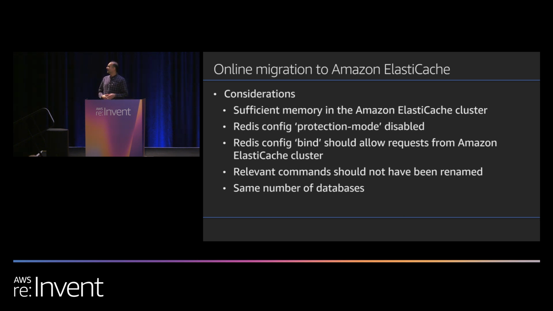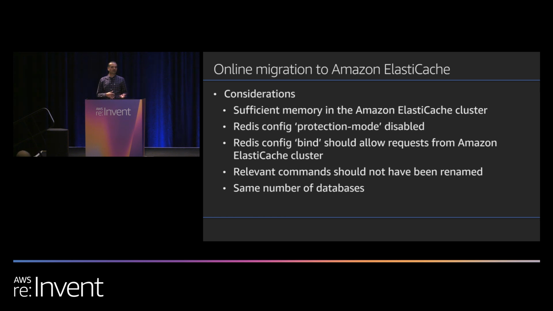The second one is Redis by default comes up in a protected mode, which means that it only listens on the loopback address for requests. You don't want that for online migration. It has to be able to listen to other nodes too, so you have to make sure that is not turned on. There is also the bind configuration in Redis. You have to make sure that the source Redis engine allows itself to take requests from other nodes. That is what the second and third point mean.